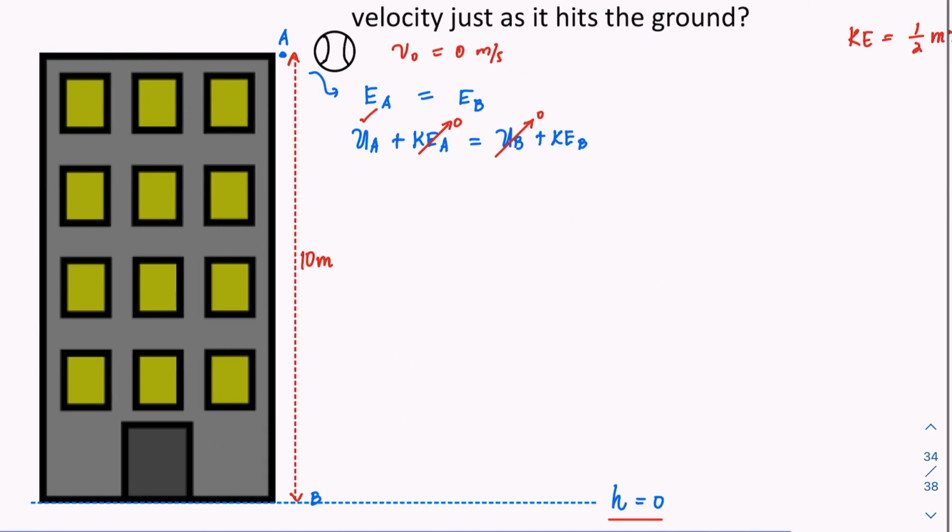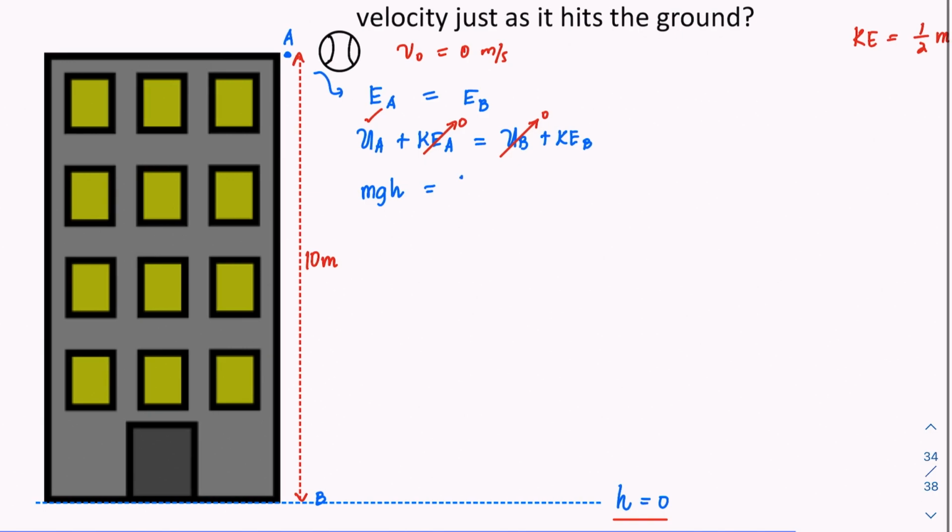Now, we are just going to break this down. Potential energy at A will just be mgh, and that would be equal to the kinetic energy, which is just 1/2 m v at point B squared. If you notice, mass is common on both sides, so I can get rid of it by multiplying both sides of the equation by 1 over m.